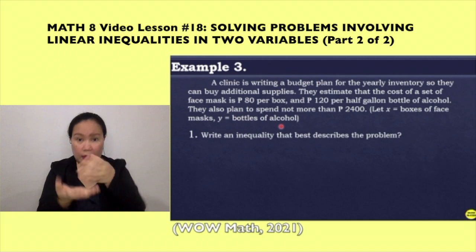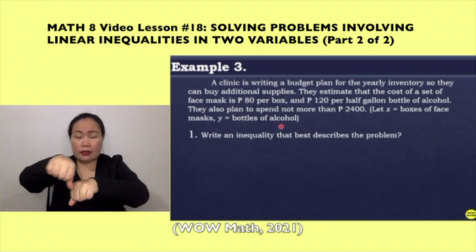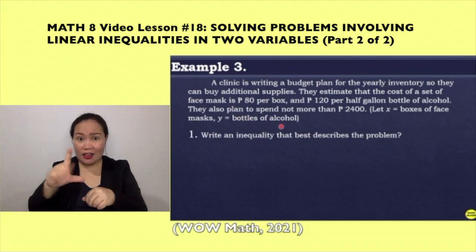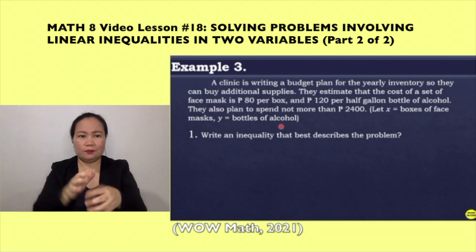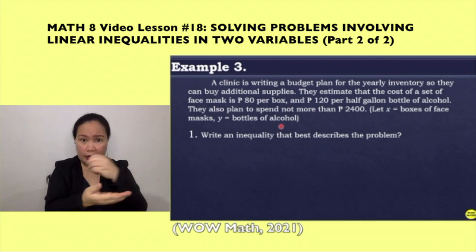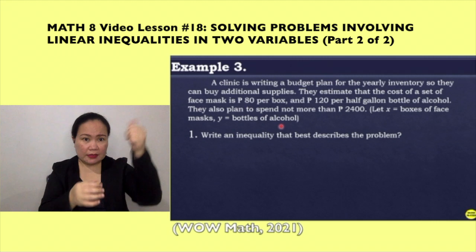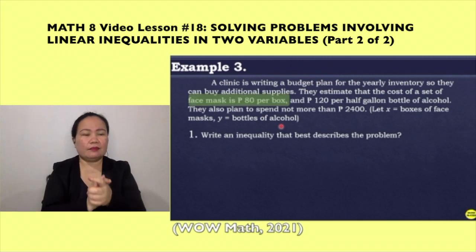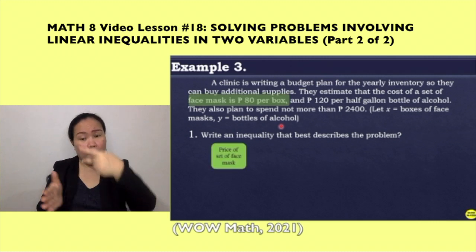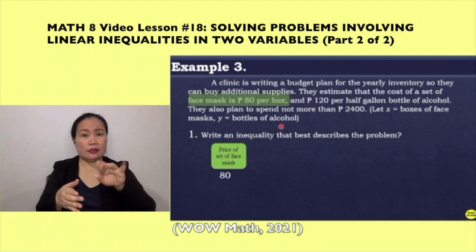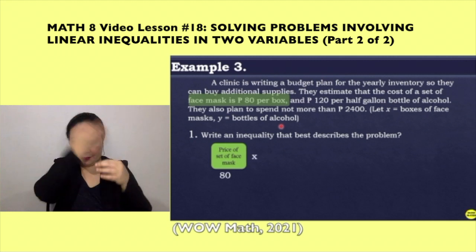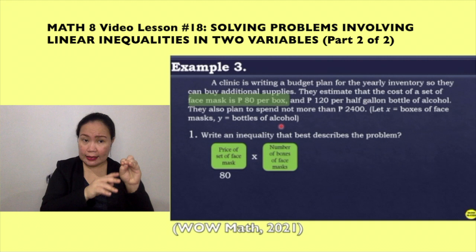So, let's answer the first question. Write an inequality that best describes the problem. So, highlights natin ang ating mga important data. So, we have face mask. So, ang price ng ating face mask per box is 80 pesos. Ita-times natin siya kung ilang box yung number.